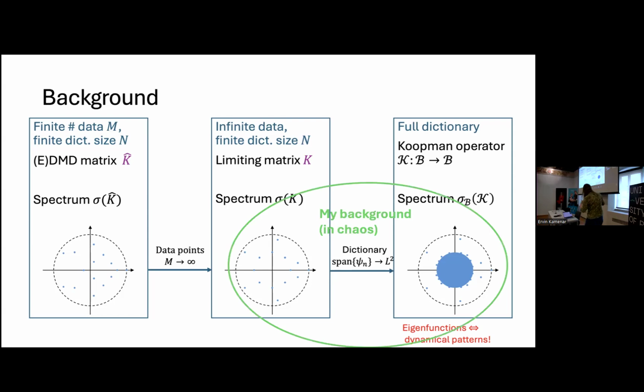Where I come from is actually a sort of pure chaos background, we could say. And in the pure chaos world, we study operators similar to Koopman operators called transfer operators.